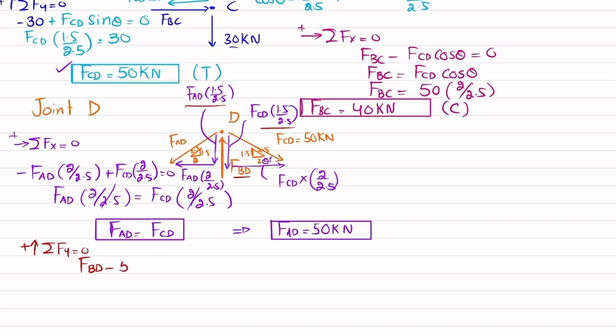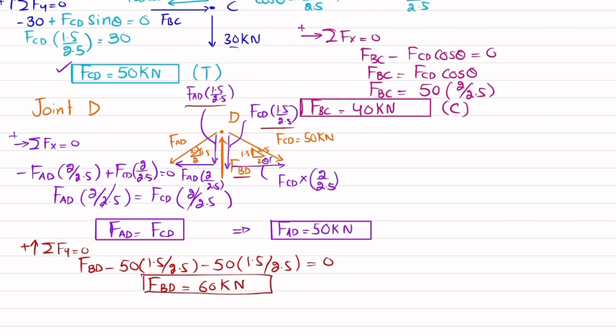Let me write 50 into 1.5 divided by 2.5 minus 50 into 1.5 divided by 2.5 is equal to 0. When you solve for FBD, FBD will be equal to 60 kilonewton, and you can see FBD is acting upward.